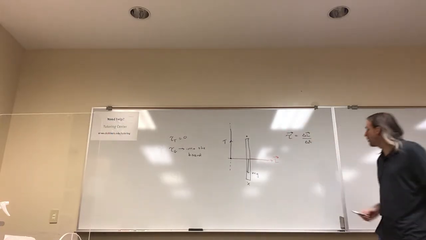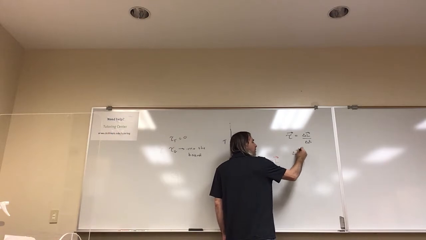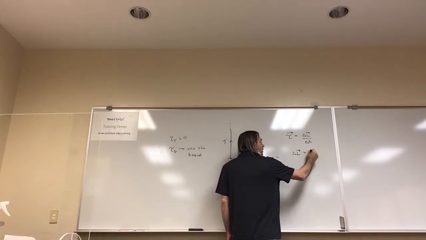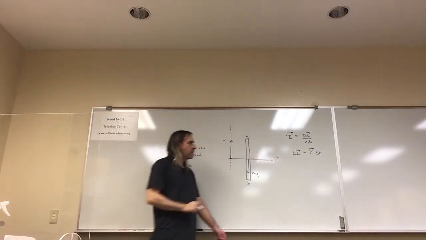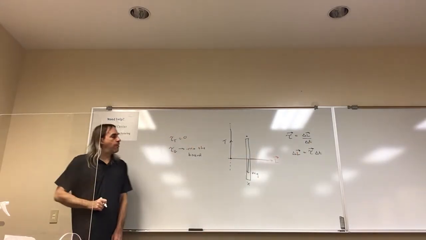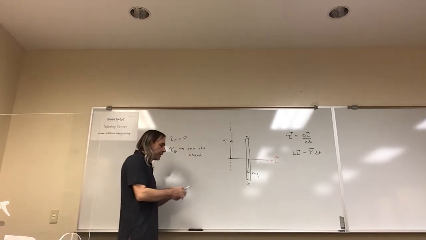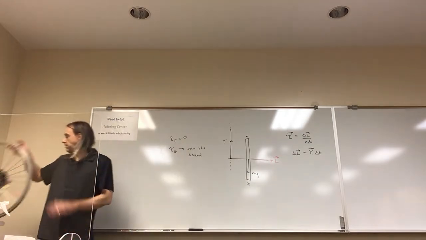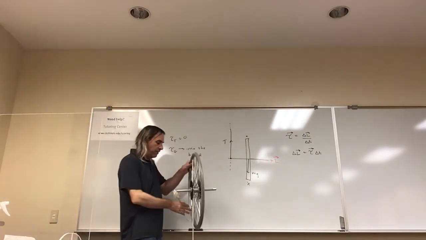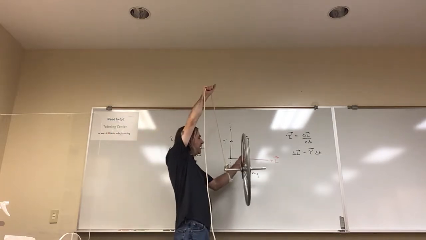Let's just rewrite Newton's second law. The change in angular momentum should be torque times delta T. So the change in angular momentum should be the same direction as the torque. What we'd expect to happen is we have this wheel that's spinning, not spinning it right now, but say it's spinning.